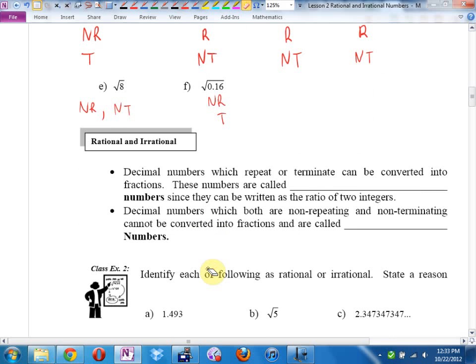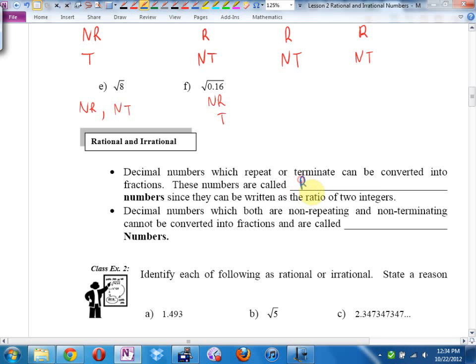We're going to break numbers up into two main categories: rational and irrational. Decimal numbers which repeat or terminate can be written as a fraction, and we call these rational numbers.